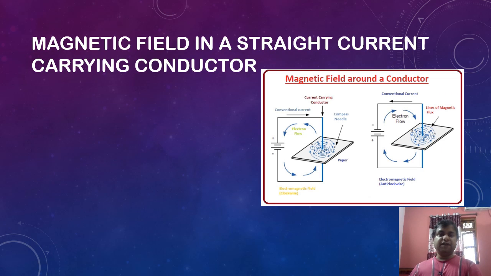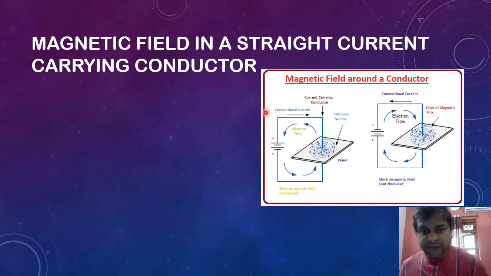Now, magnetic field due to a straight current carrying conductor. So coming now, we've understood about magnets, how they have a magnetic field, how various substances can get attracted towards a magnet depending on the strength of the magnet, which depends on the magnetic field.